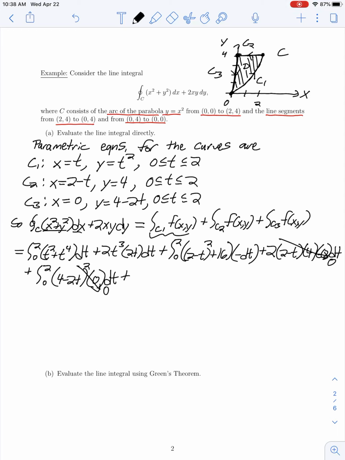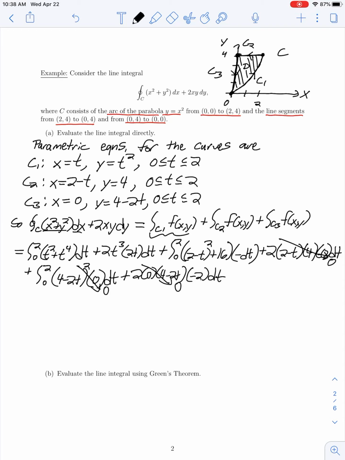But on C3, x is equal to 0. So we have 2 times 0 times (4 minus 2t) dy, which would be negative 2 dt on that third line segment. So again, because of that 0 term, this last piece is 0.